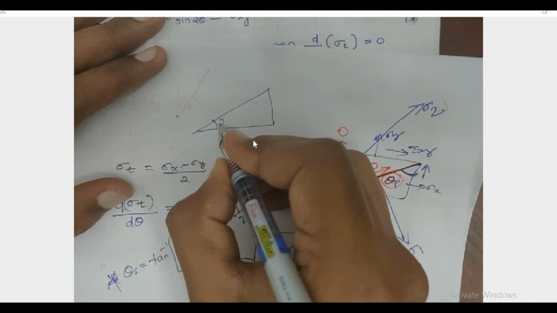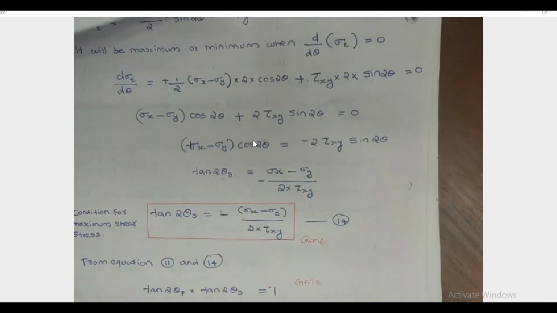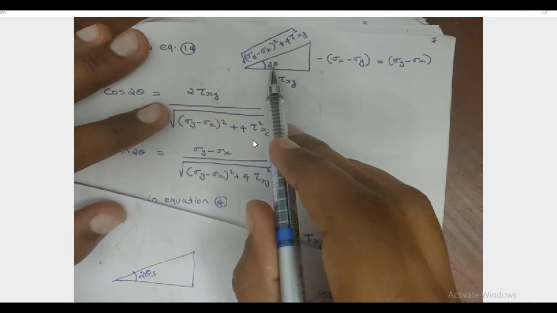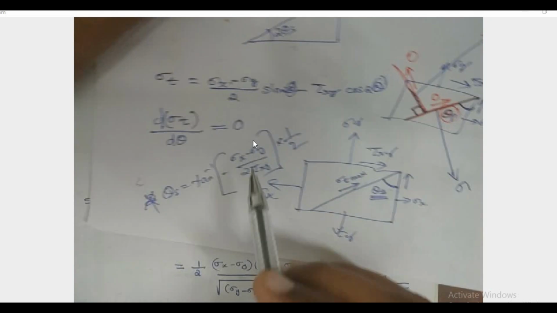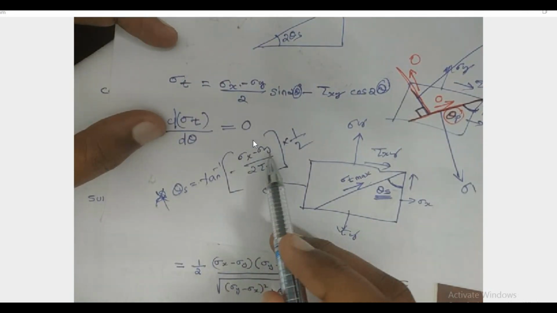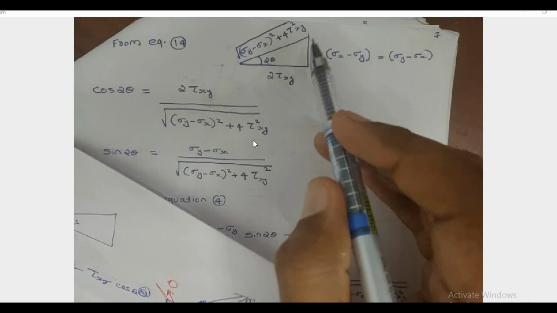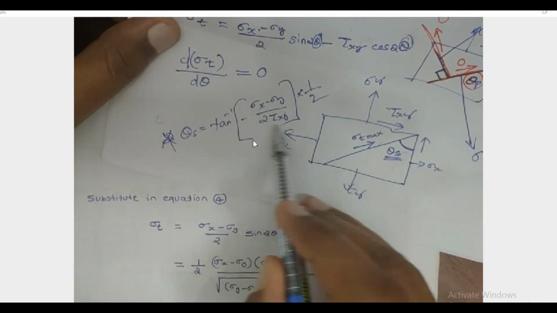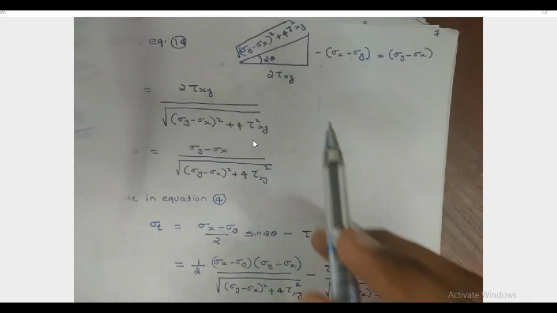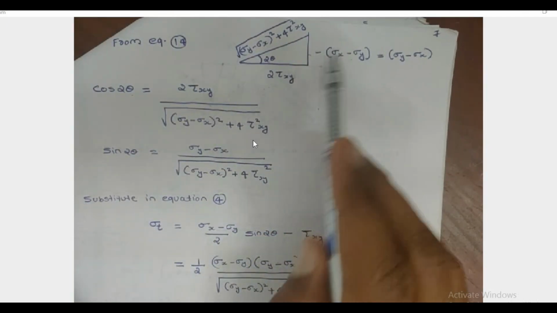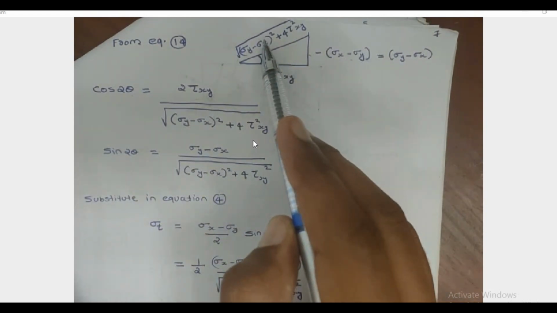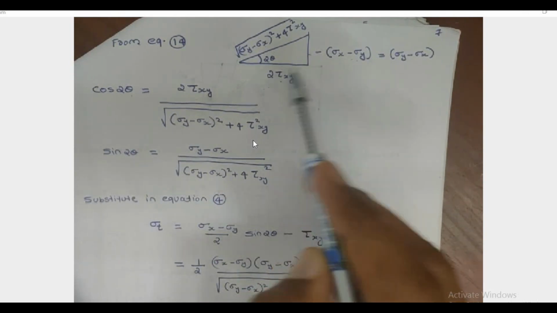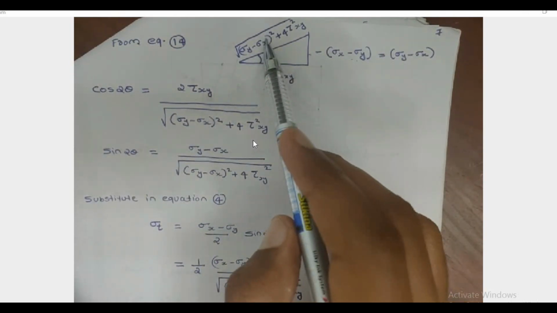Here this angle is equal to 2 theta s, the opposite side is the numerator, minus of (sigma x minus sigma y), and the adjacent side is the denominator. Using the Pythagoras theorem, we calculate the hypotenuse: the root of the sum of the squares of these two values.